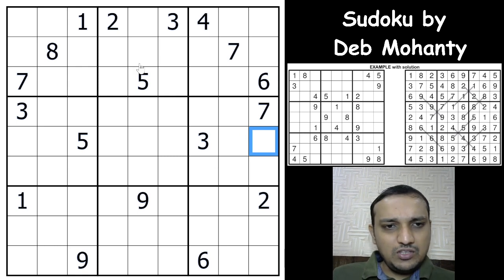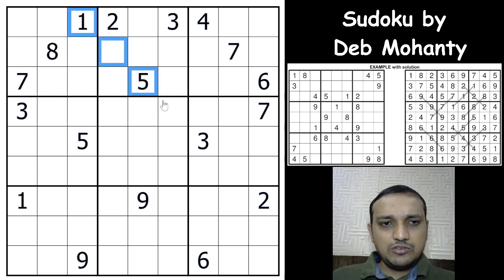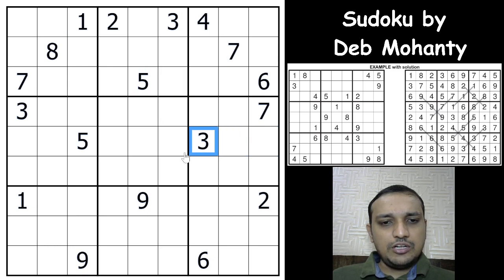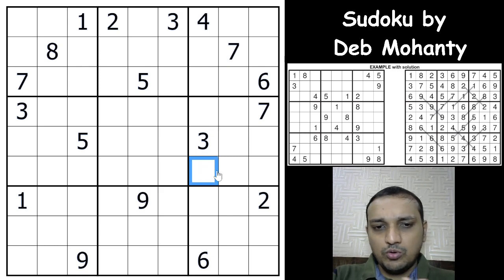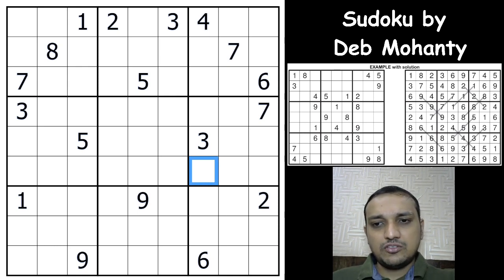So you have to find 9 such pins: 3 ones diagonal, then 3 twos, 3 threes, and so on till 3 nines, in such a way that classic Sudoku rules are followed, right? No other variant is given in this Sudoku, and no other constraint is allowed. With that, let us start solving this Sudoku.